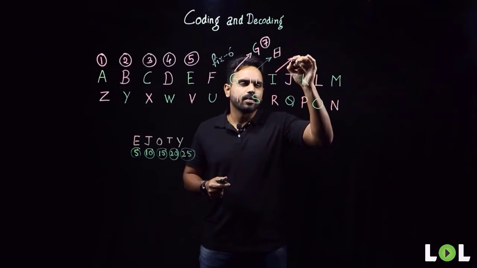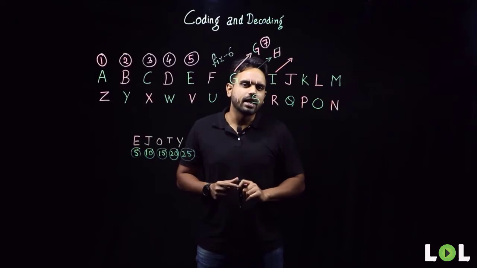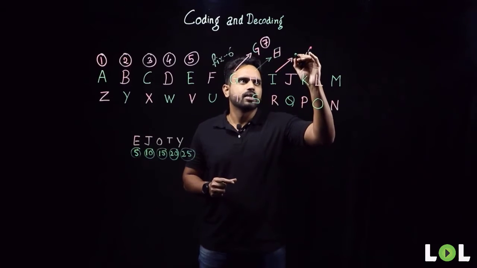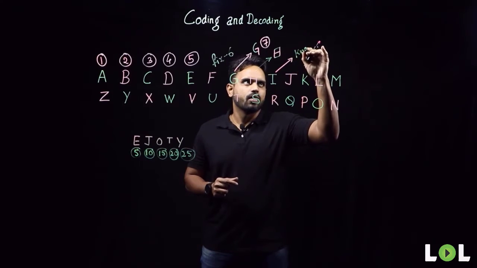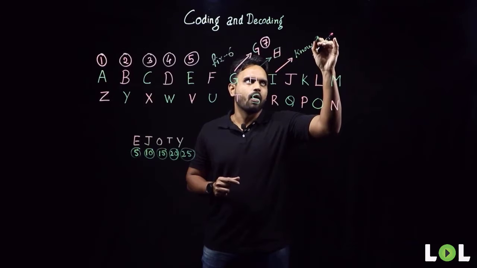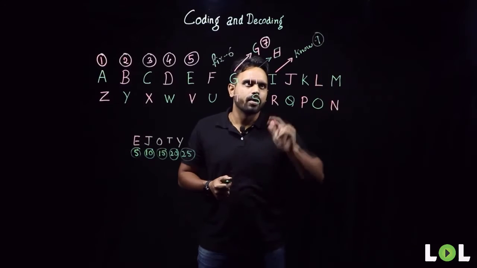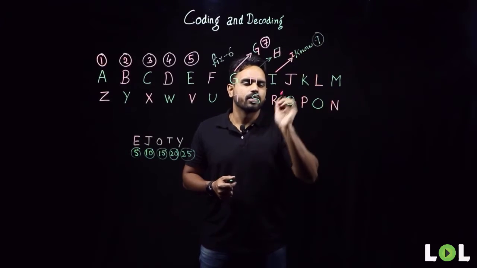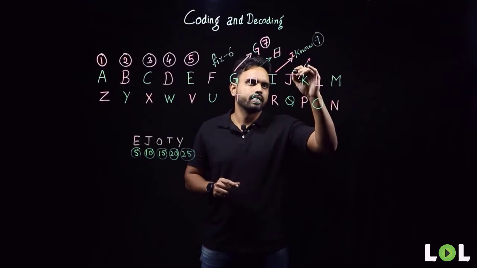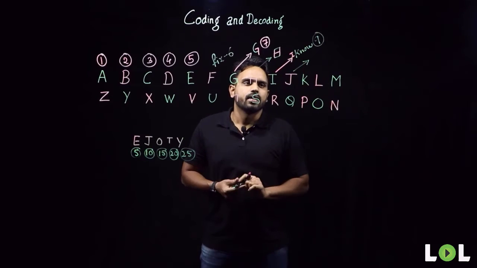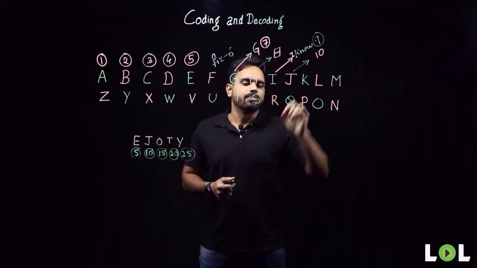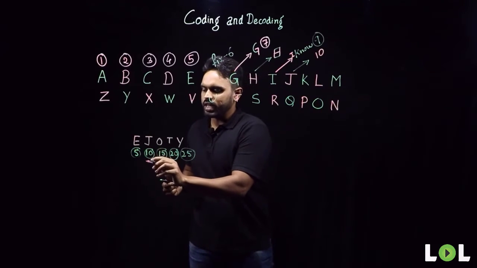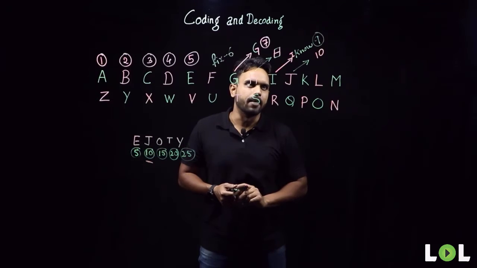I. What do we call 9 in Hindi? 9 we call it as I. No. J. J, if you observe, is 10 because Ejoti says J is 10.